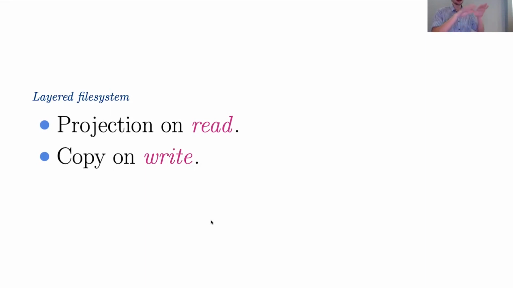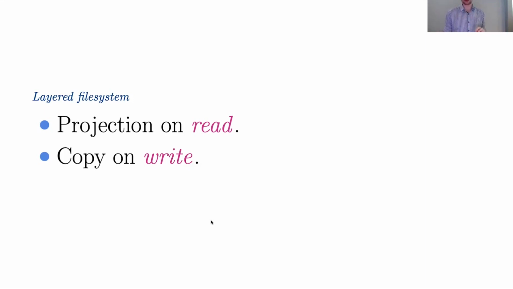So we're going to see a view, an overlay that looks like all of these layers have been unioned and merged together. What you will also see is if you do any write operations on this layered file system, any files that sit at the lower level are going to be copied up so that the original's not modified at all. So the bottom layers of a layered file system are going to be read-only.